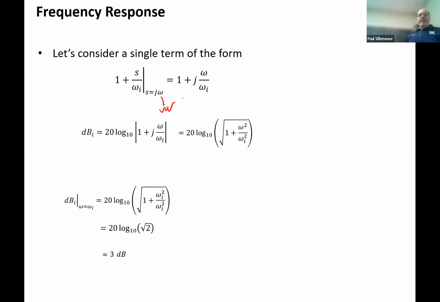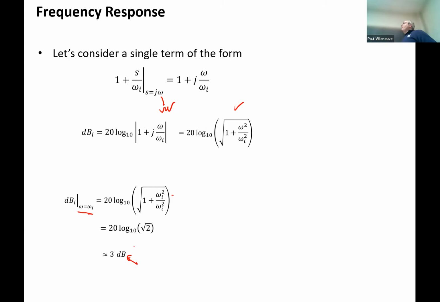All right, so let's go ahead and convert the magnitude into dB. So we're going to do 20 log 10 of 1 plus J omega over omega sub 1. I need to get the magnitude of that. So we've got the magnitude term here, and we end up with this expression over here. Now, at our break frequency, when omega equals omega sub 1, we have 20 log 10 of the square root of 2, and that equates to 3 dB.